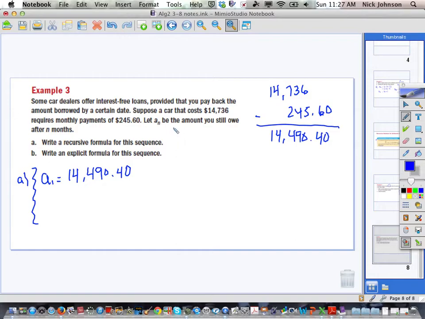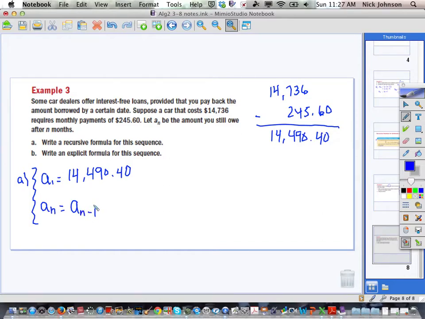Okay? And so my function, A of N, so I can say my sequence for every number afterwards, is the previous term. How do we say previous term? A sub N minus 1. And what is happening?